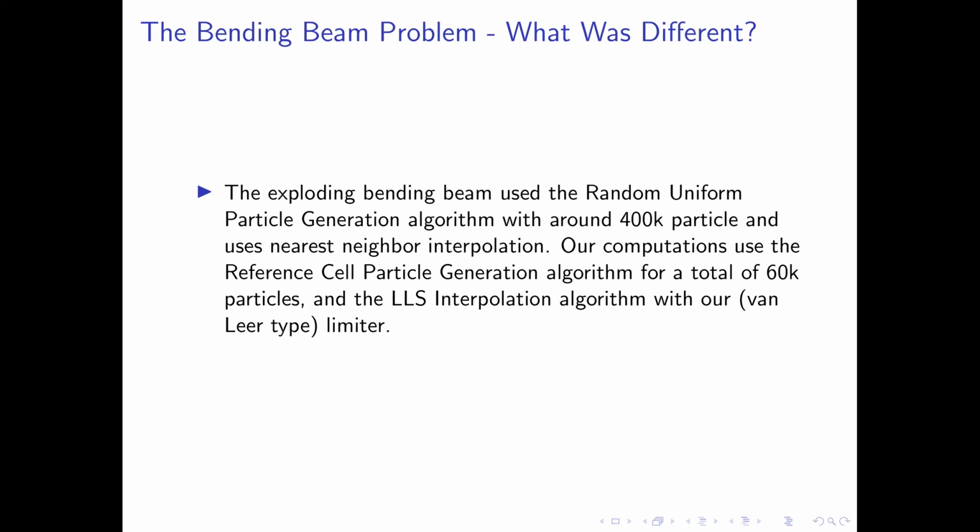I would prefer the average myself, and as everybody knows, I prefer the reference cell. Our computations use the reference cell particle generator, and it only takes 60,000 particles. We use the linear interpolation, where we get the coefficients by least squares.